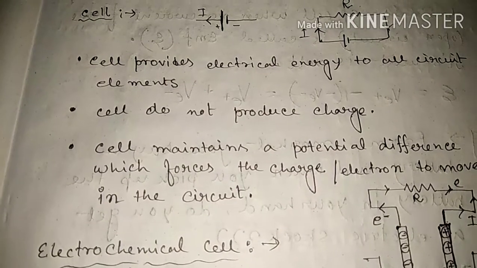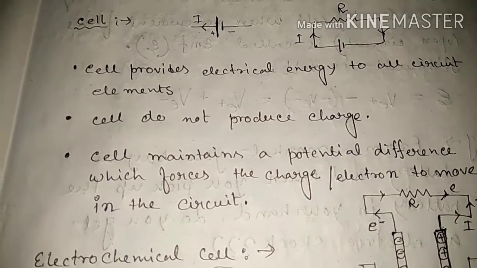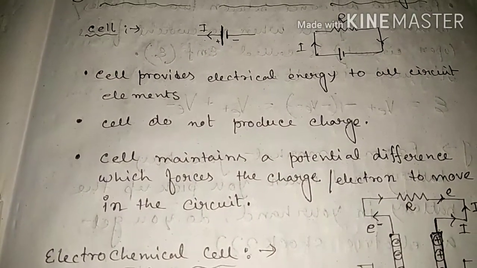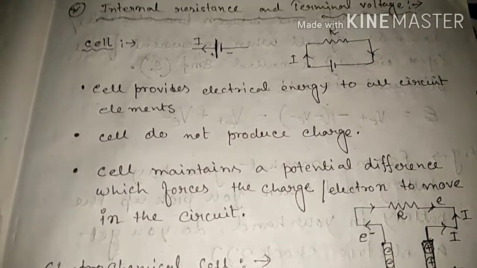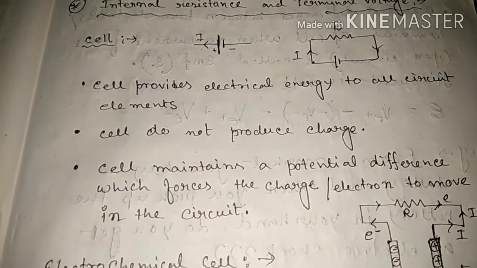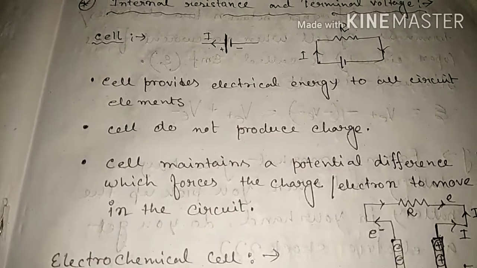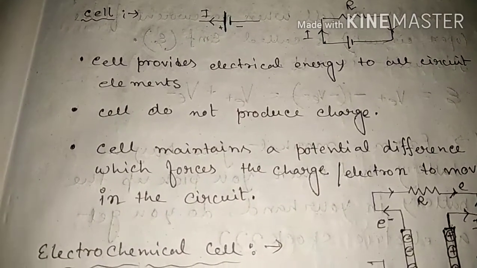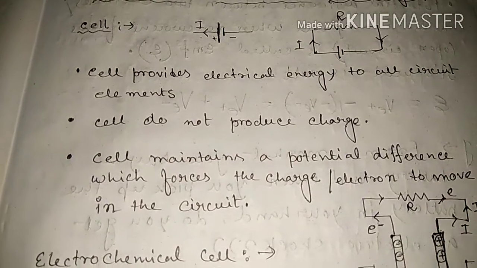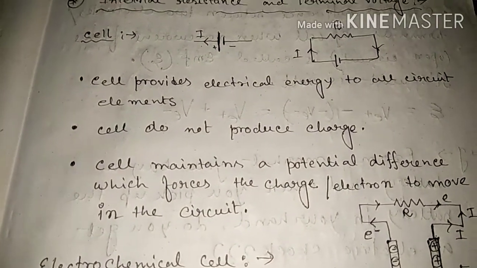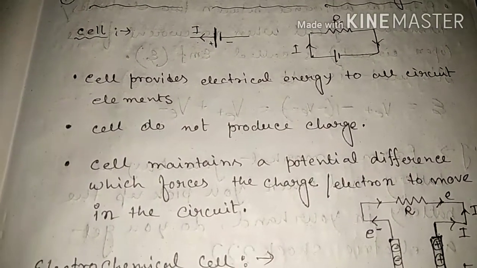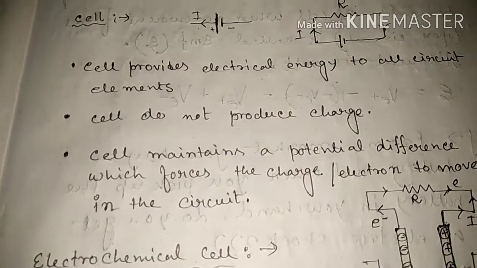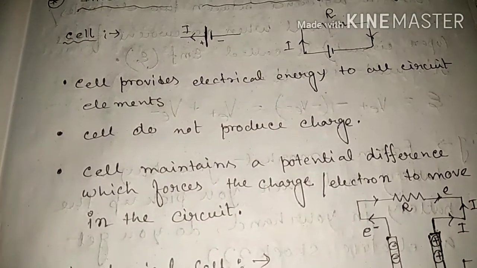Okay, the cell provides electrical energy. Its function is only to maintain the potential difference, a steady flow of electric charge. Because in that figure, the water pump, if no water level difference is present, then how would the water flow continuously?